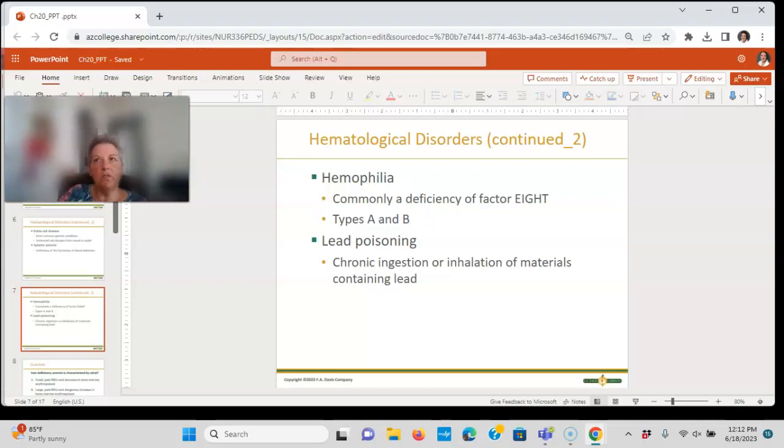Helmet use, soft toothbrushes, venipuncture, medic alert tag, and you're going to give them a diet high in vitamin K. So broccoli, cabbage, cauliflower, greens, kale, spinach, leaf lettuce, watercress, parsley, other raw green leafy vegetables, pork, liver, soybeans, mayonnaise, and vegetable oils.